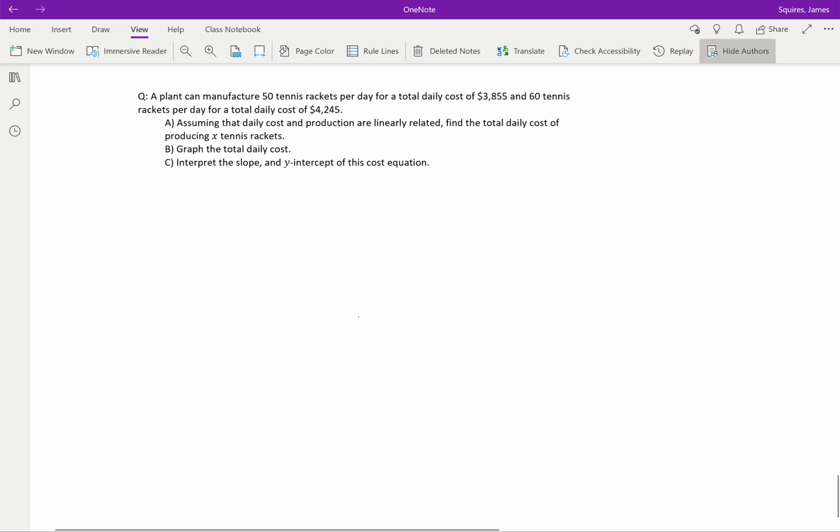So this is an example where we have 2 points on our line and we need to figure out the equation of the line that passes through those 2 points. So instead of saying x and y, we're going to have rackets on a horizontal axis, and then we're going to have the total daily cost as our vertical axis.